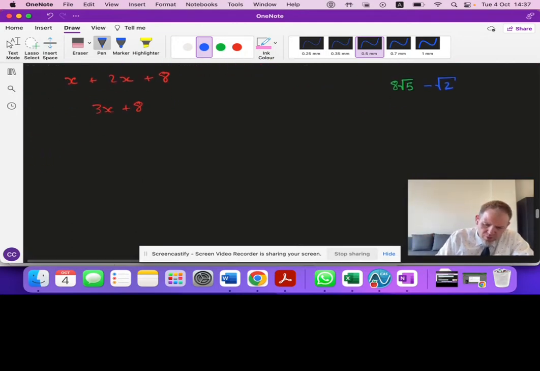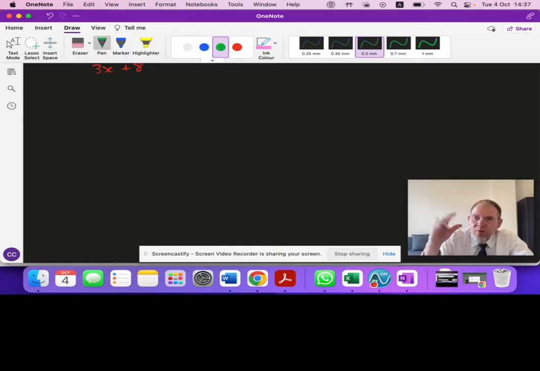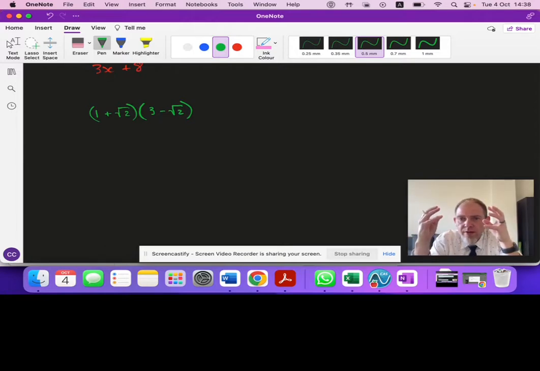Now, we've already seen how we can multiply radicals, but what we want to be able to do is multiply something like 1 plus the square root of 2 times 3 minus the square root of 2. What does that look like?